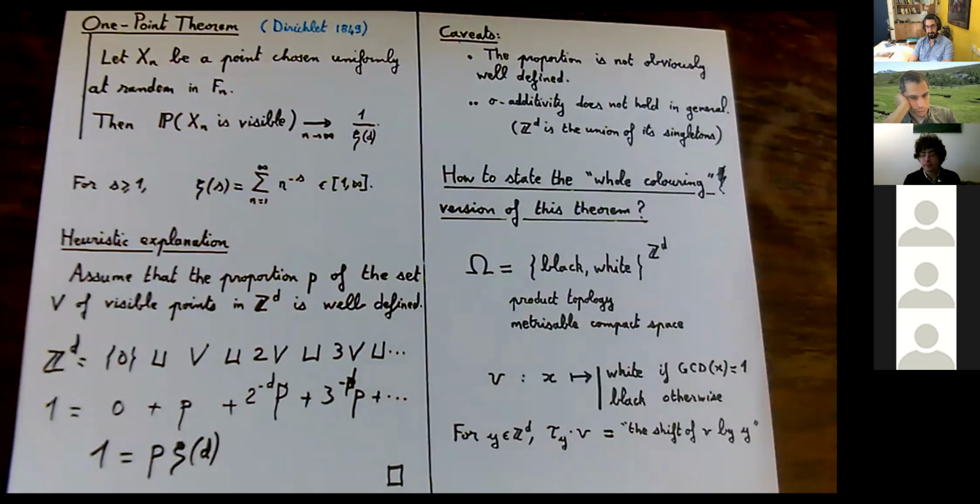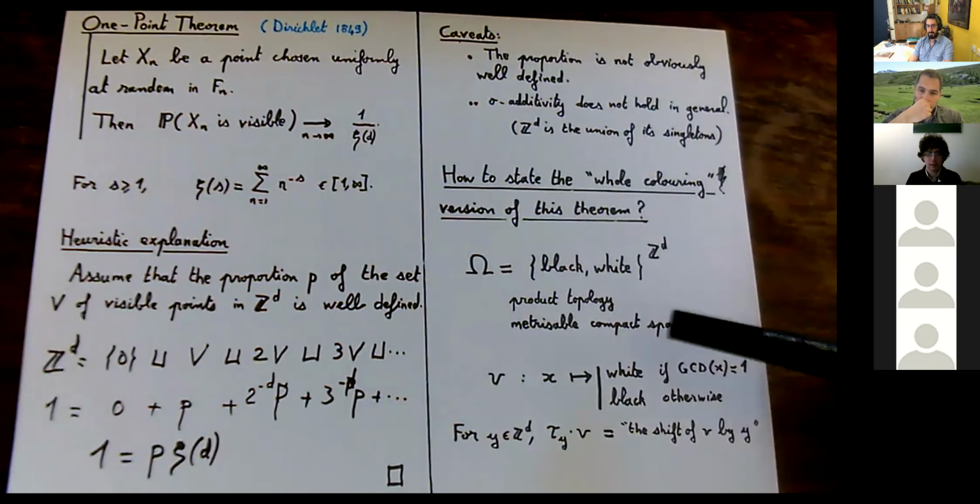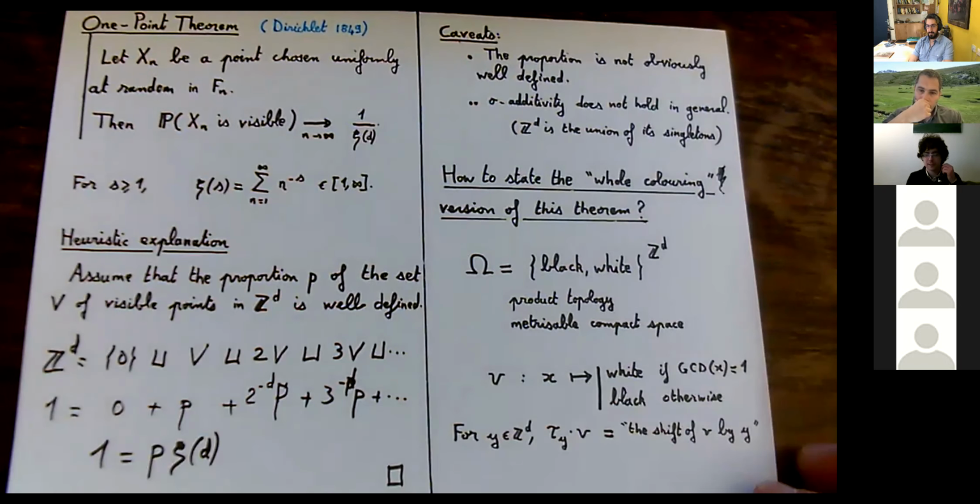We endow it with the product topology, product of discrete topologies, which makes Omega a nice metrizable compact space, actually homeomorphic to the Cantor set. And inside the space of colorings, there is one particular coloring that we are very much interested in. I call it V, for visibility. It maps x to white if the GCD of x_1, ..., x_d is equal to 1, and black otherwise.